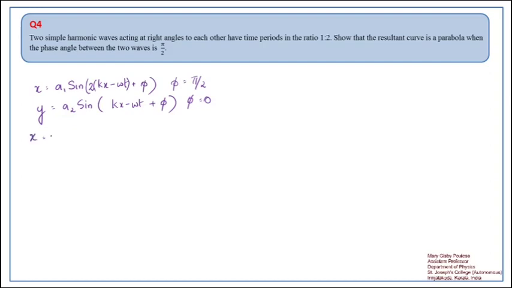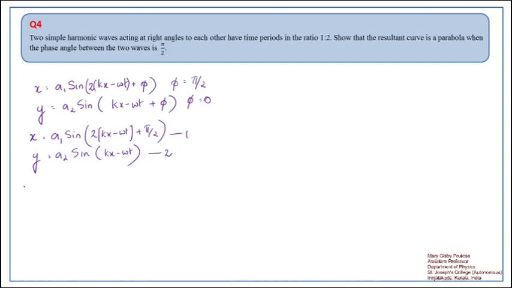Hence x is written as a1 sine of 2 times kx minus omega t plus pi by 2, and y is equal to a2 sine of kx minus omega t, right?